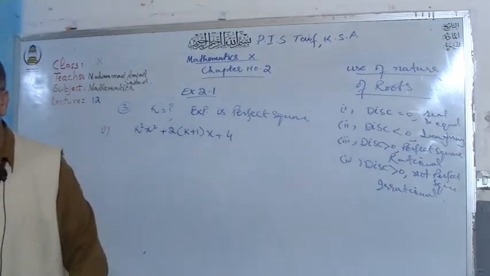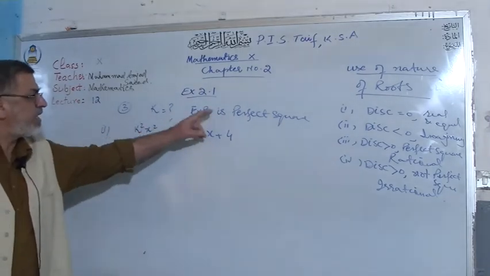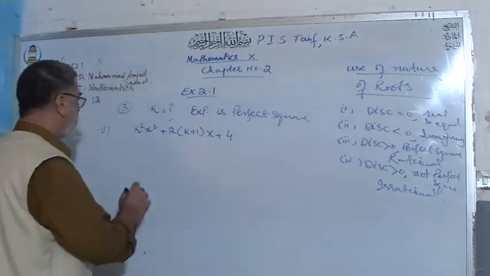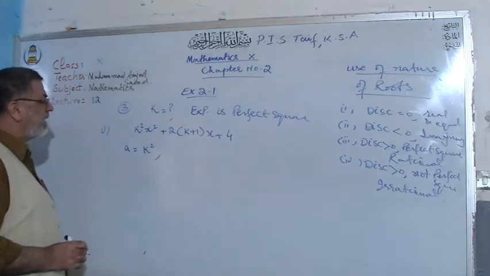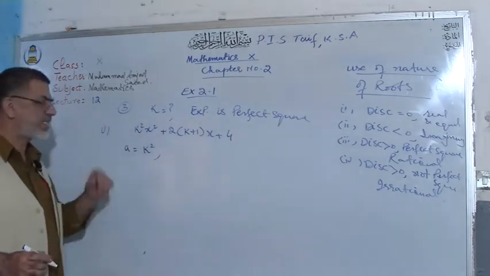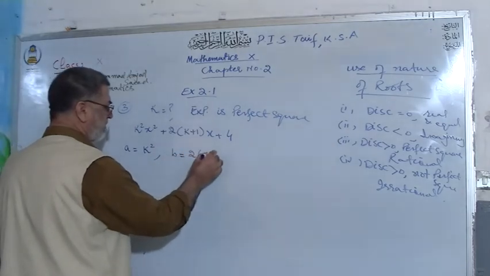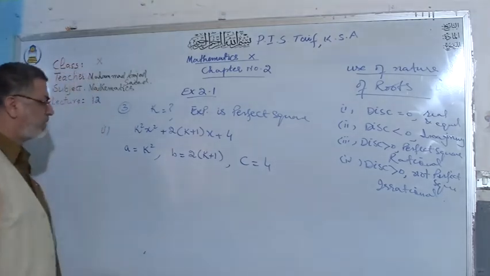Now for question number 3, for what value of k is the expression a perfect square? Remember that a is equal to k square, actually this is the coefficient of x square. b is 2 into k plus 1 and c is equal to 4.